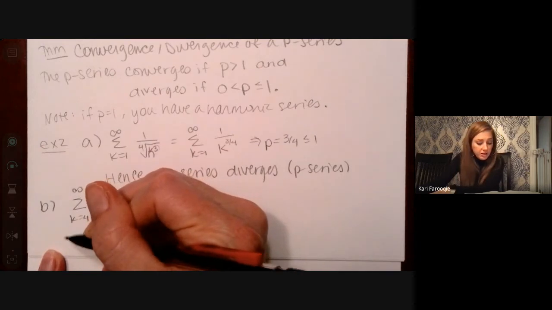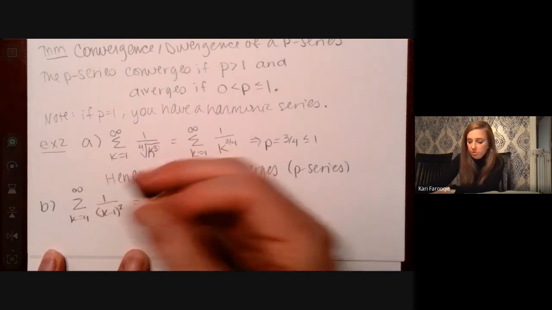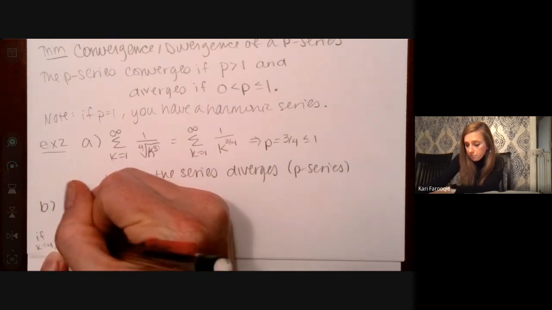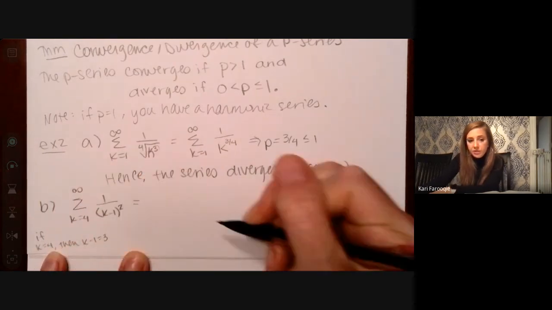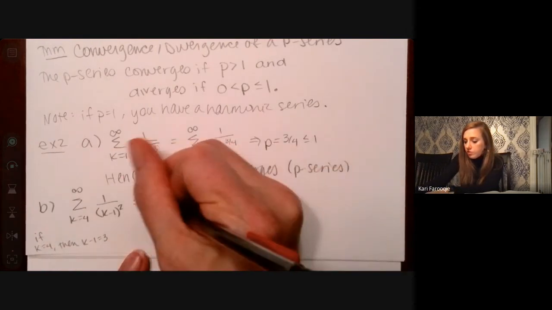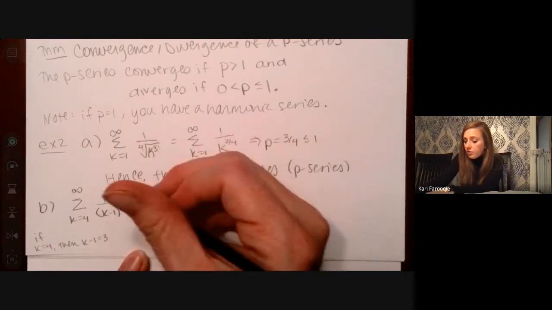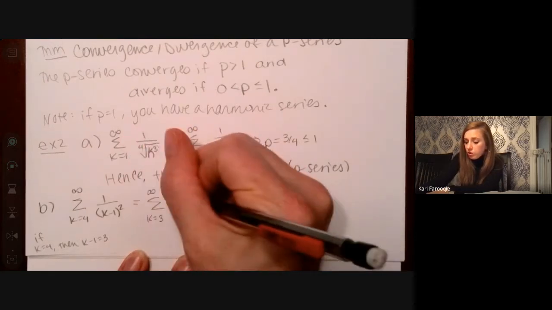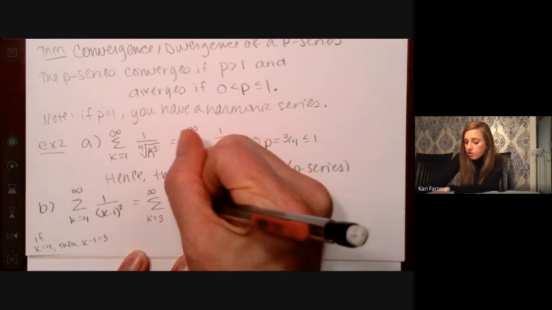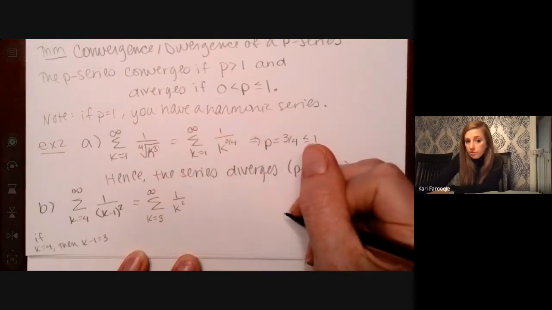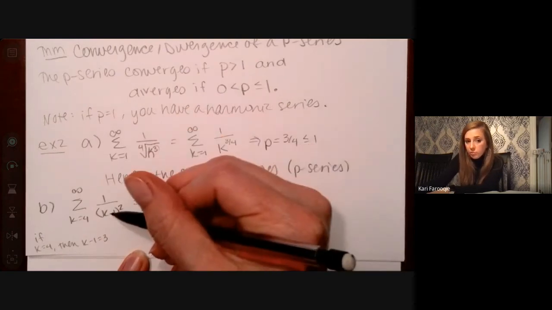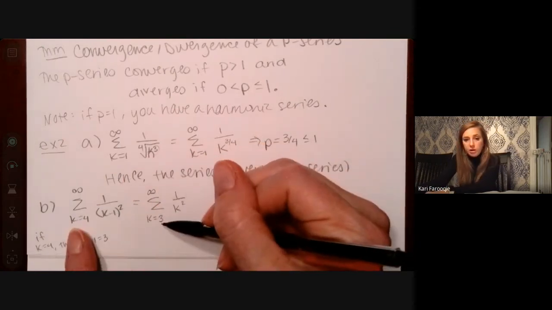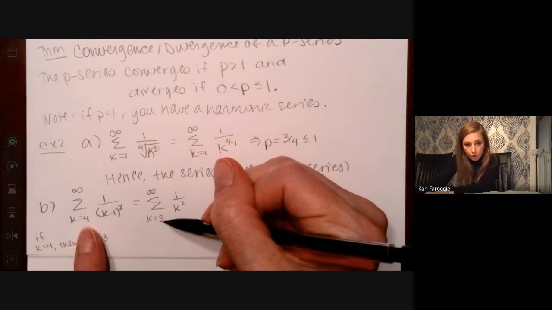But we can say that if k equals 4, then k minus 1 equals 3. And we can scoot this index back down. And if you're not sure, you can always check this. If you start this at 3, well, now you can write this as 1 over k squared, because instead of saying k minus 1, you're just saying k, but you're also starting at 3 instead of 4.